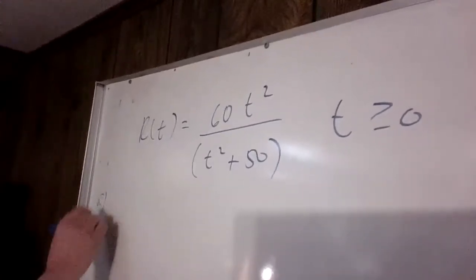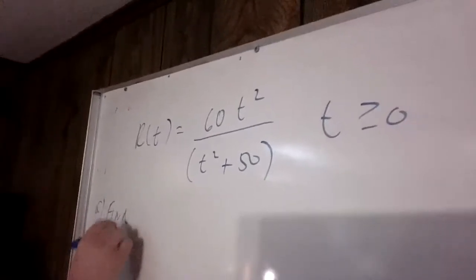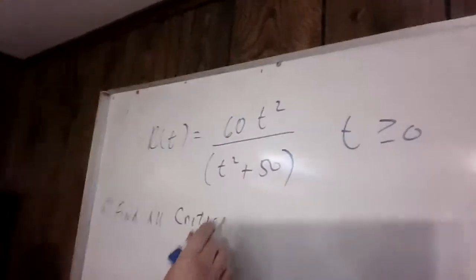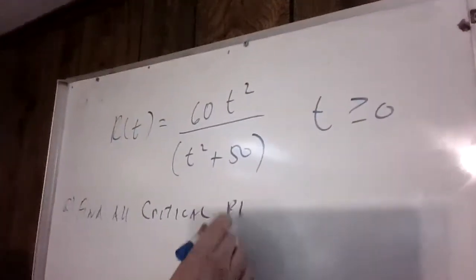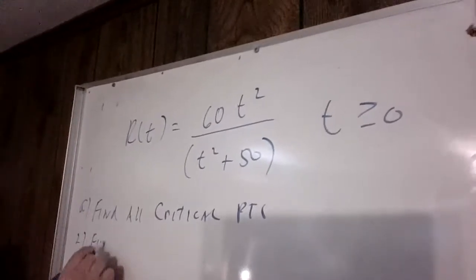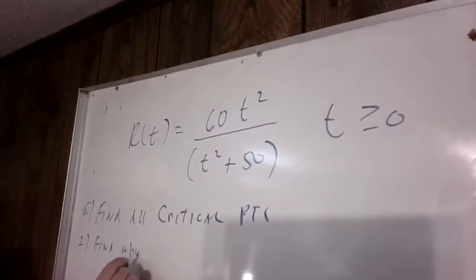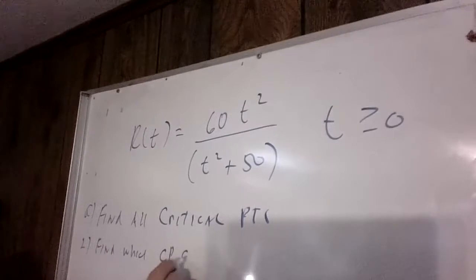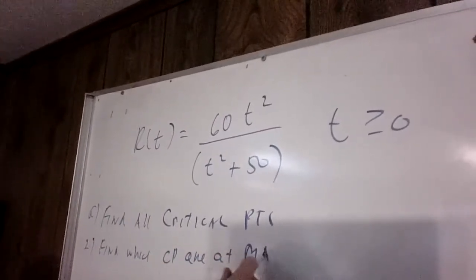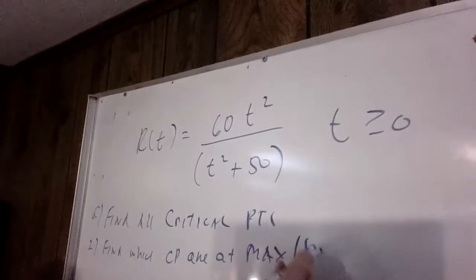So A is find all critical points, and we know that the critical points are those at a max or minimum. And B, find which critical points are at a maximum or a minimum.